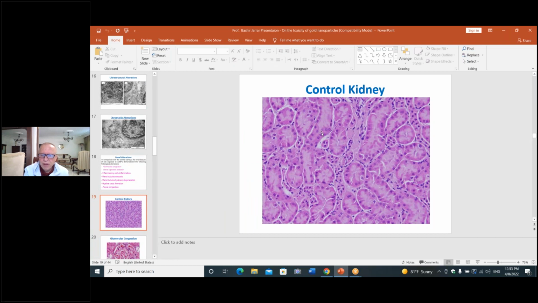So this is here, this image or this figure. It is from a kidney of a control rat. You see the tubules. They are very good. They are normal and everything. And even the interstitial tissue between these tubules is normal.